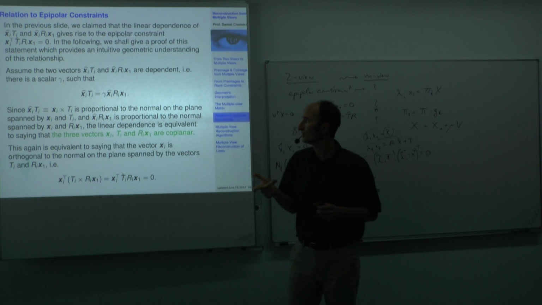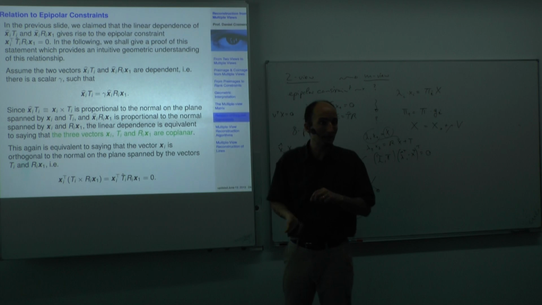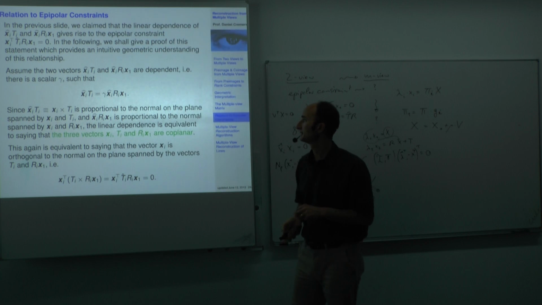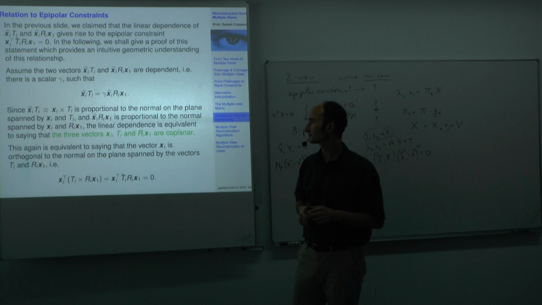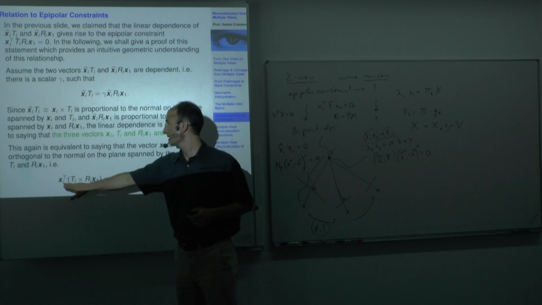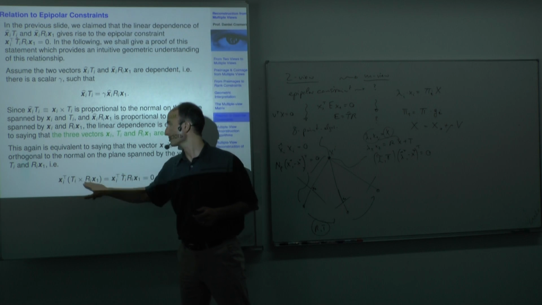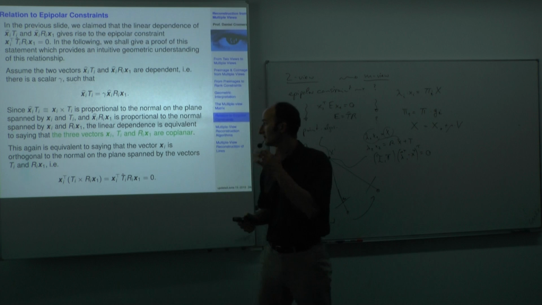And that can only be if and only if these three vectors define the same plane. They live in the same plane. And so we have the constraint that xi, ti, and ri x1 are coplanar. And coplanar means that this product here, cross product times the vector, is 0. That's saying the same thing.